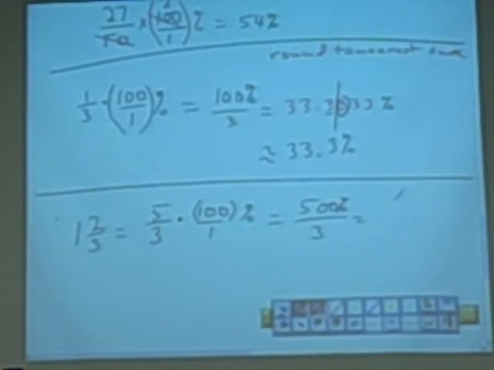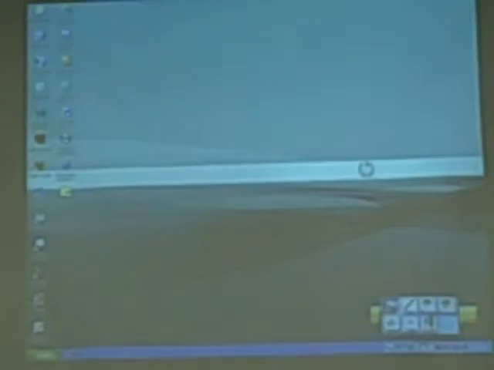Well, 500 divided by 3, let's see what that looks like on the calculator. Go ahead and bring that up. Takes a couple of seconds for this to load.